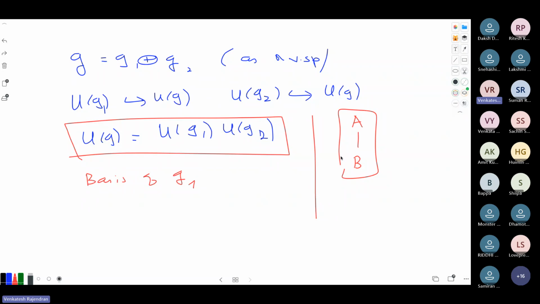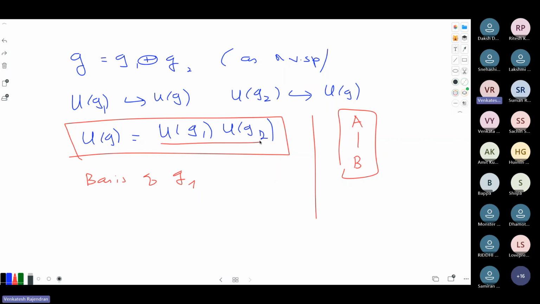So now, what are we trying to do? If you have G being G1 direct sum G2 as a vector space, then like I said, UG1 and UG2 both can be embedded inside UG, and we will identify UG1 and UG2 with their respective images. Then you take all possible products of elements of UG1 and UG2 and take the span of that.